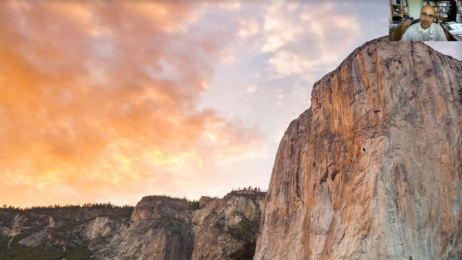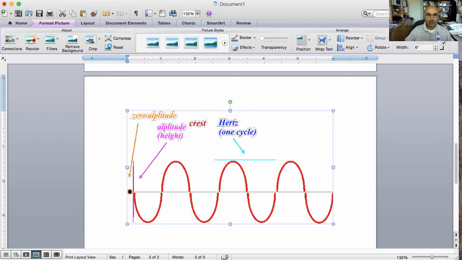Let's talk a little bit about a few other terms that you're going to come across when you're dealing with multimedia. On your screen, you are looking at a very simple sound wave, and there are a couple of things I would like to mention. One is the amplitude.